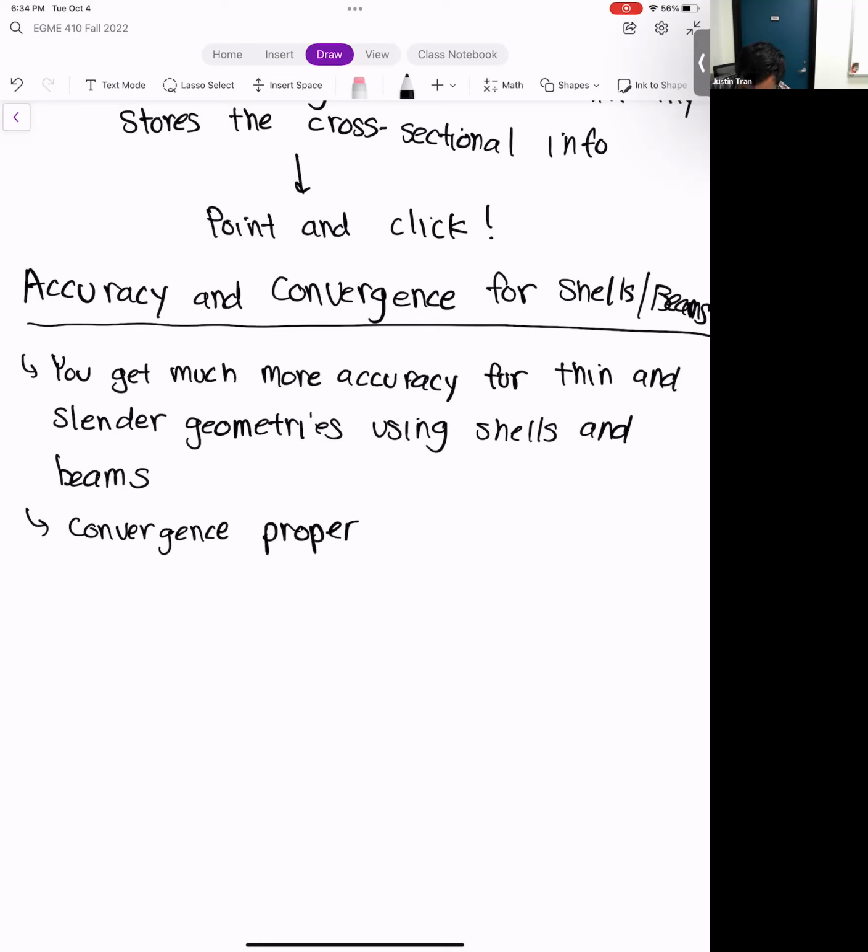One way that we've measured accuracy in finite elements, as we've talked about before, is how quickly you can get to an accurate solution in terms of the number of elements. The faster you get an accurate solution with the least amount of elements, we say that's a good thing.